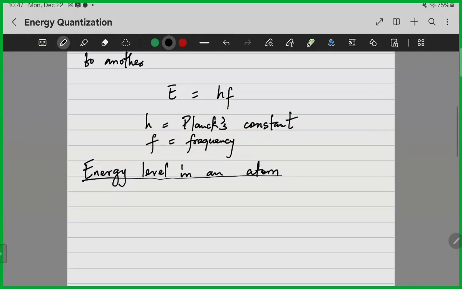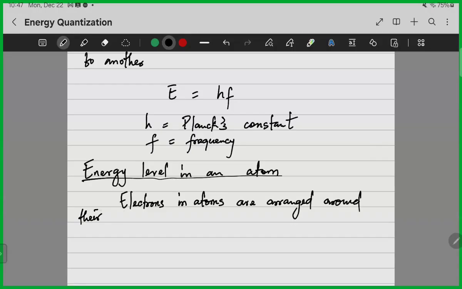Electrons in atoms are arranged around their nuclei in positions called energy level or electron shell.